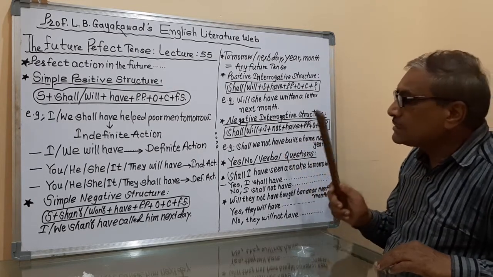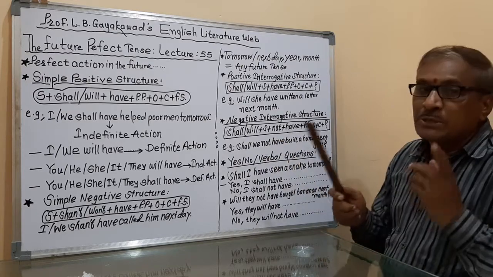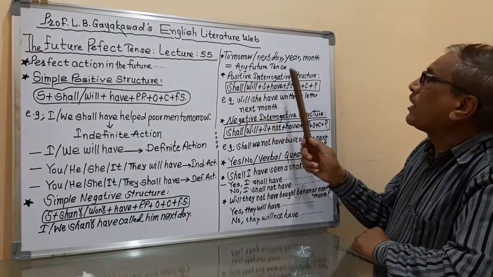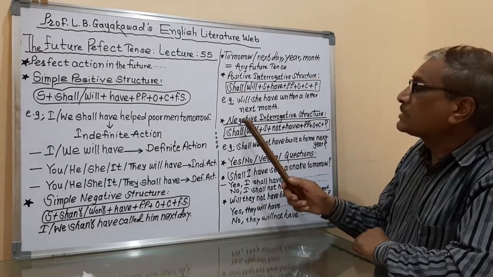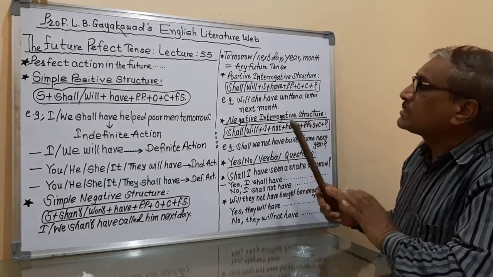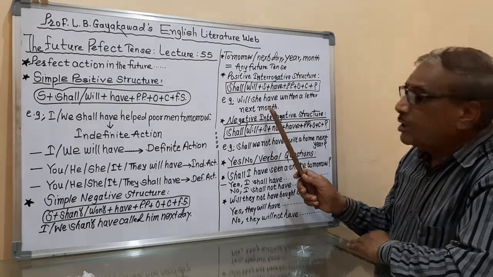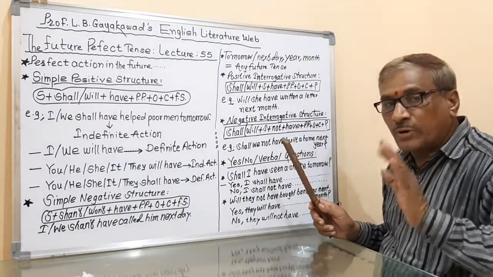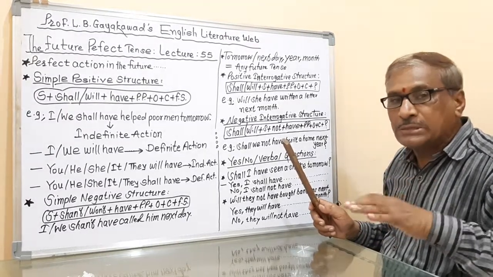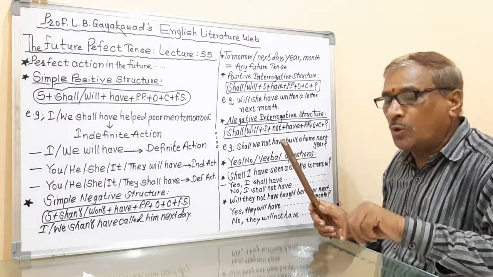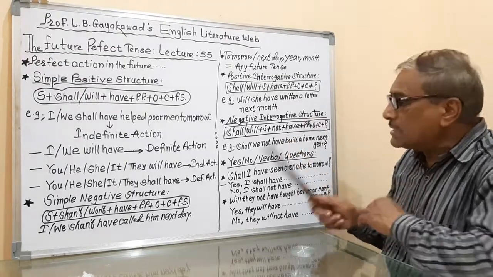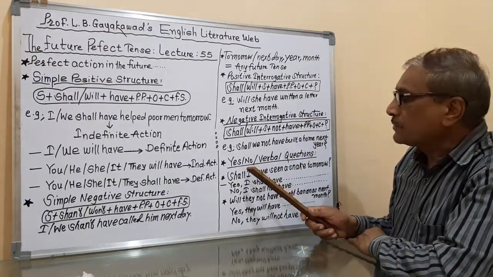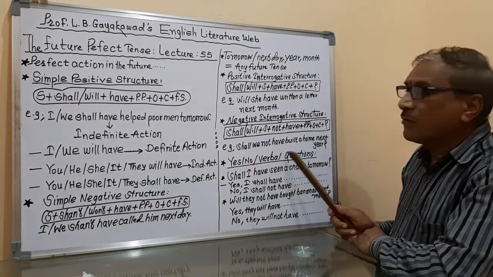So the answer is yes or no. This positive interrogative structure and this negative interrogative structure, means this positive question or this negative question, these positive or negative questions will give us the answer in yes or no form, and that's why the last point here is yes-no verbal questions.